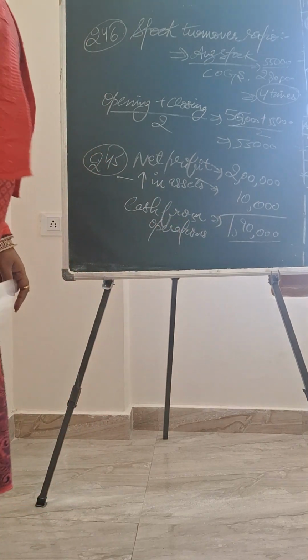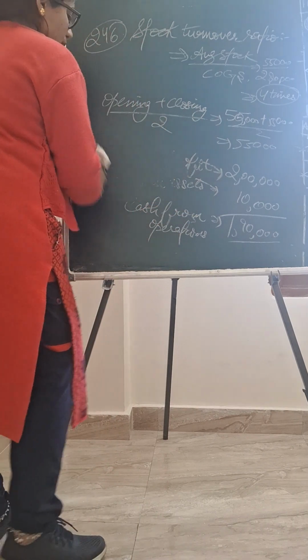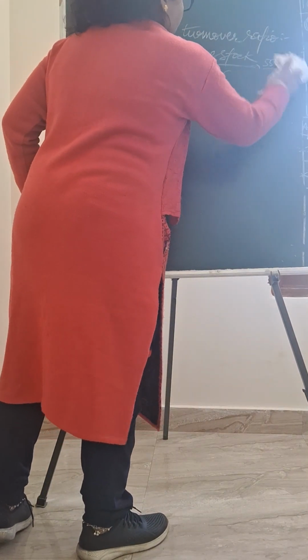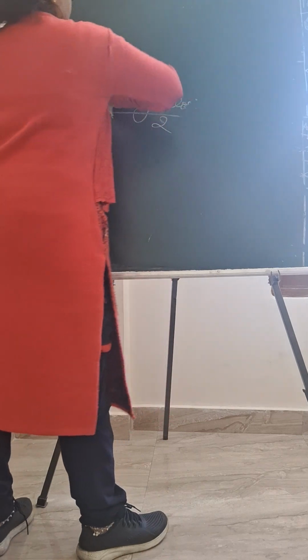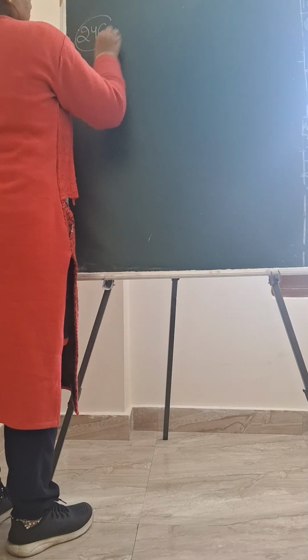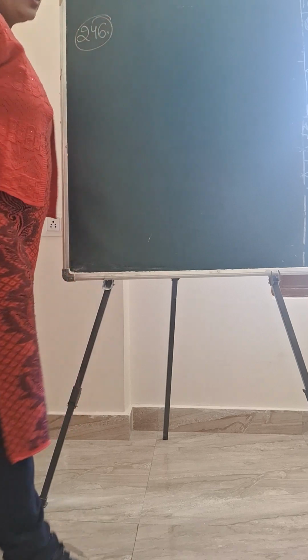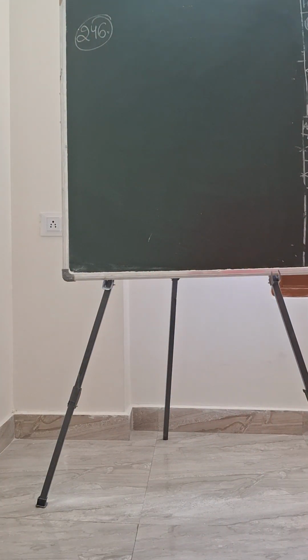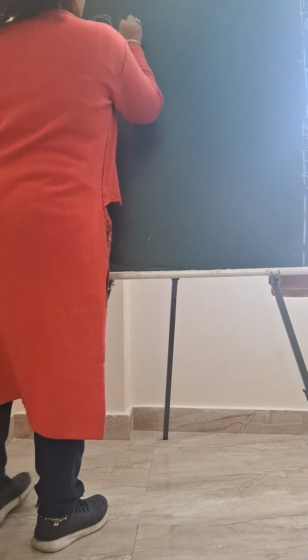So next we calculate question number 246. Question number 246, that is heavy initial advertisement expenditure in introducing a new machinery.